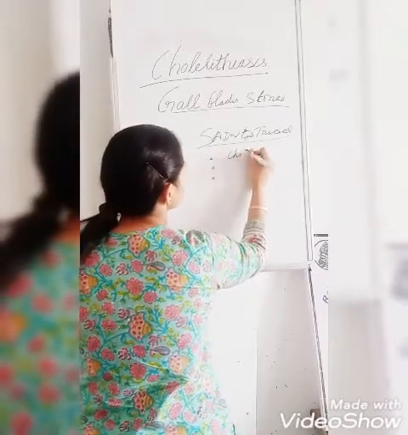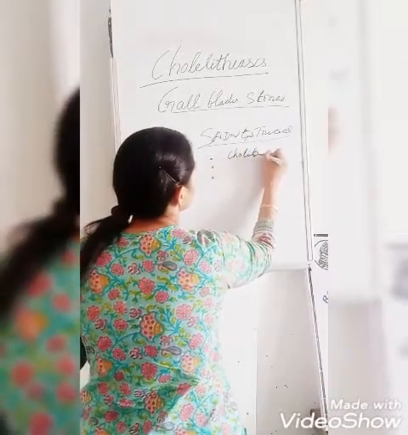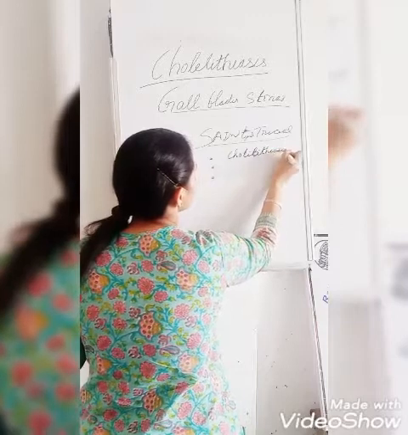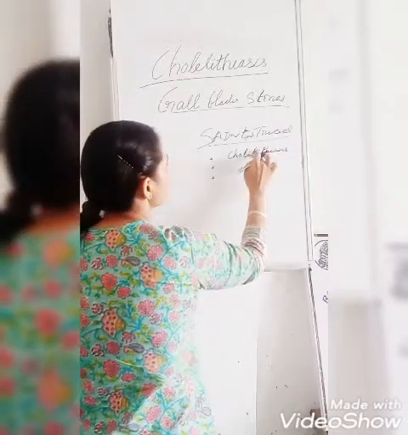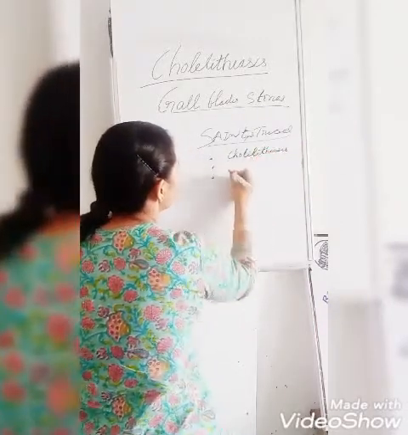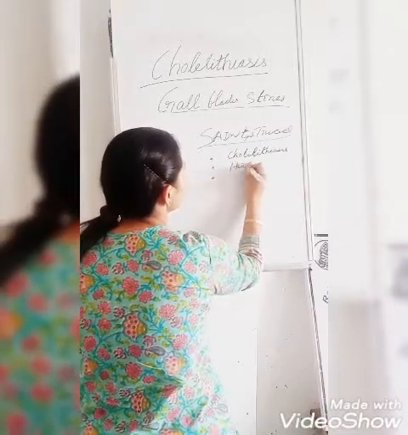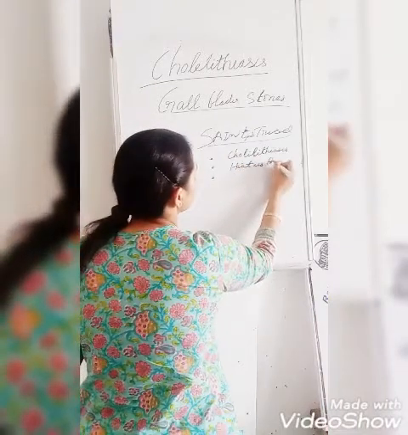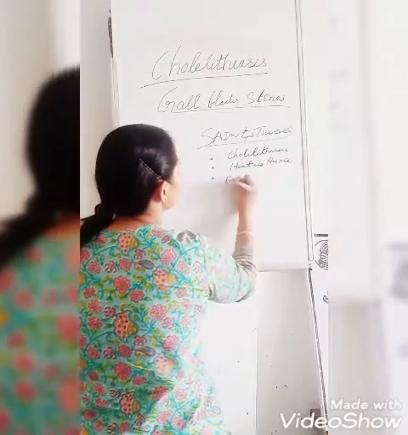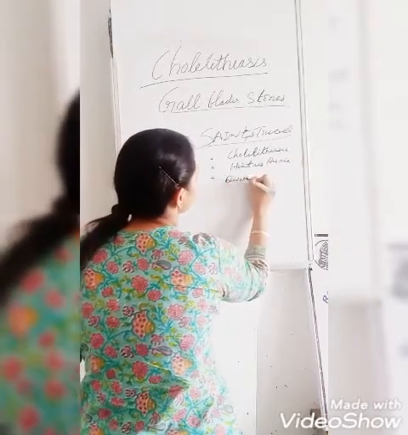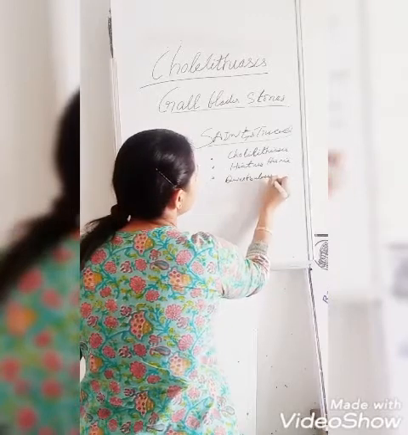First is cholelithiasis, that is the gallbladder stones, gallstones. Then there is hiatus hernia. Then there is diverticulosis of the colon.